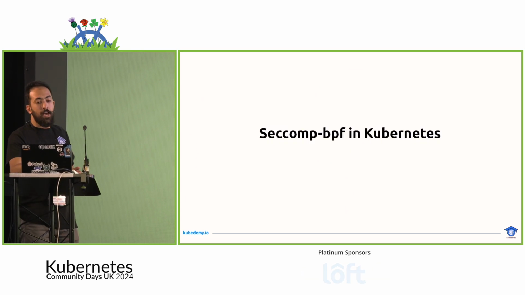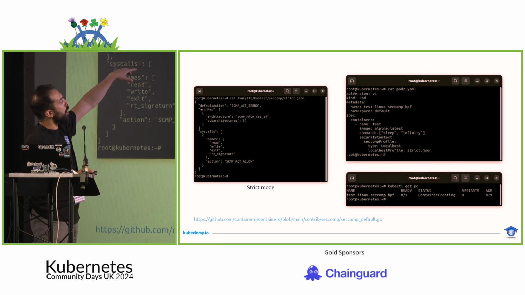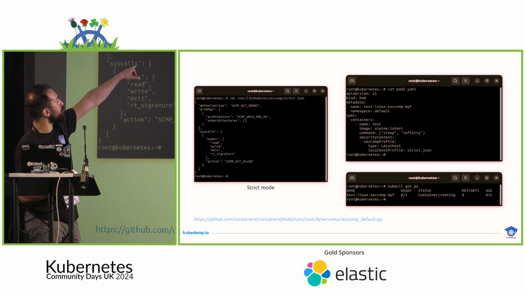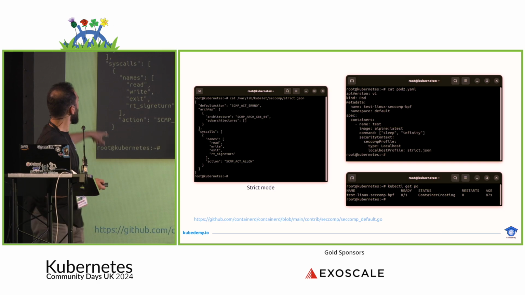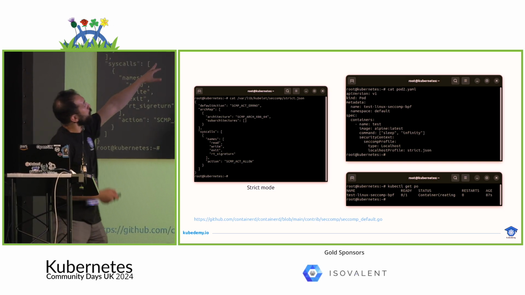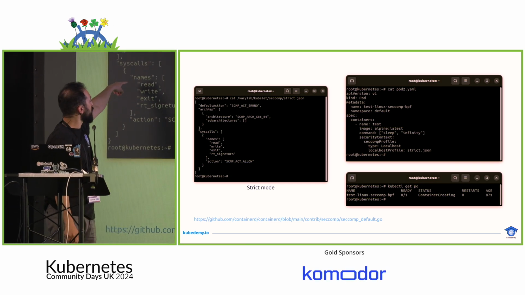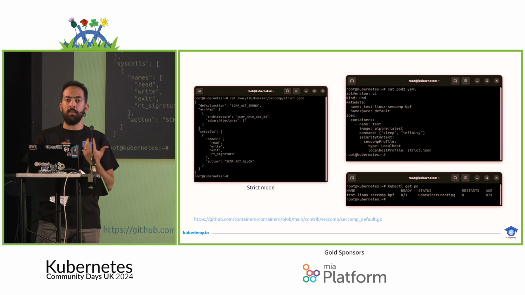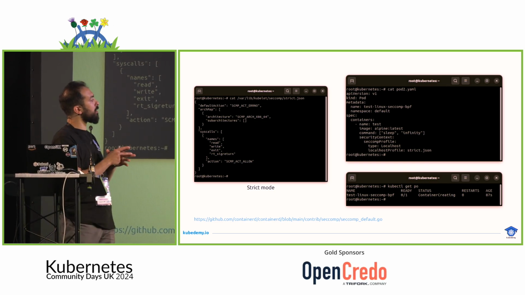The next thing is Seccomp-bpf, which is quite easy again. You need to define a JSON file within /var/lib/kubelet/seccomp. And I defined a strict policy here to deny everything except read, write, exit, and sigreturn, to provide an example for you to restrict everything.